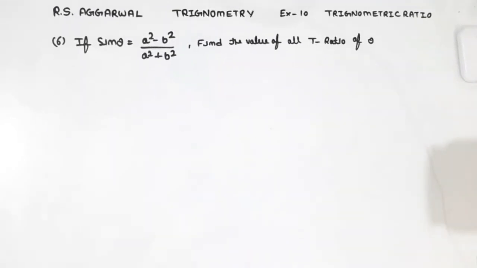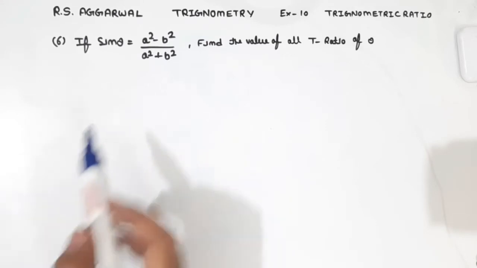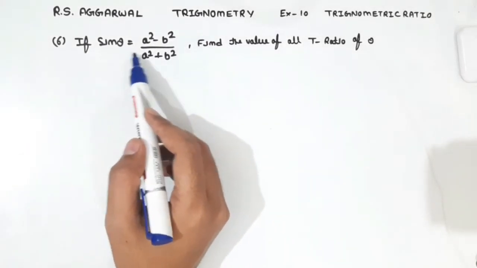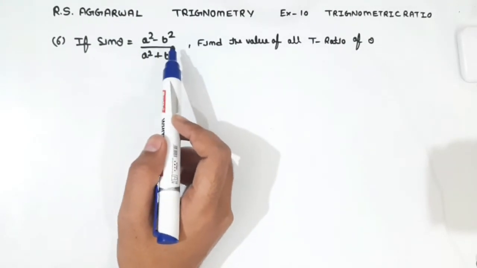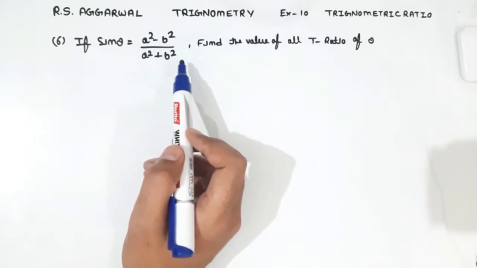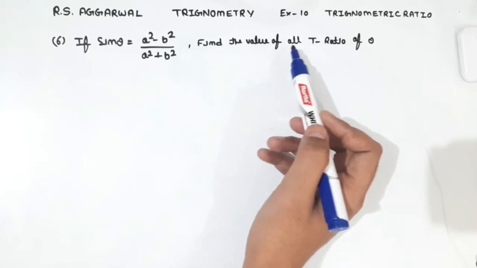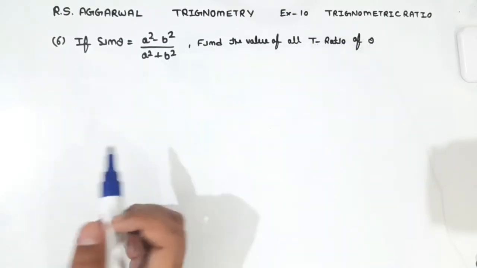R.S. Agrawal trigonometry, exercise 10, trigonometric ratio. Question number 6. In question number 6, we have given if sine theta is equal to a square minus b square upon a square plus b square, find the value of all trigonometric ratios of theta.